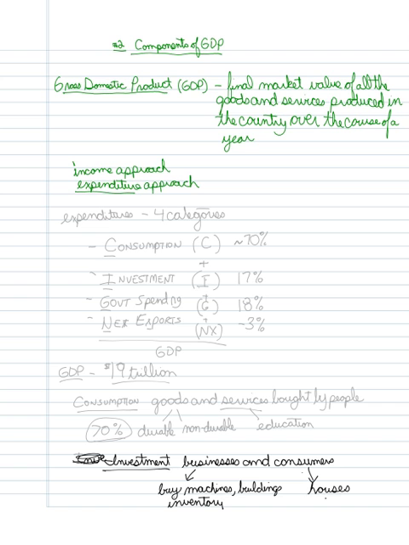In the expenditure approach, we basically have four categories. And those four categories would be consumption, which starts with a C, investment, which obviously starts with an I, government spending, which obviously starts with a G, and net exports.